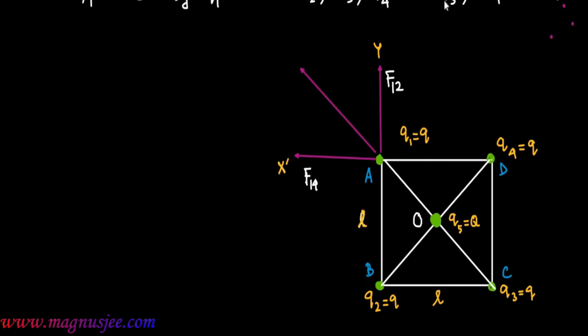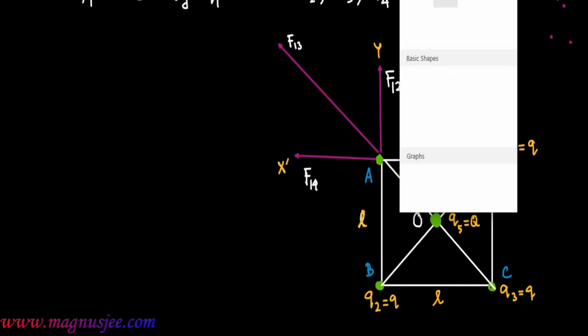Similarly, we can denote the direction of the other two forces experienced by the charge Q1. Along this extended diagonal direction, the force F13 acts. F13 is the force experienced by the charge Q1 due to the charge Q3.